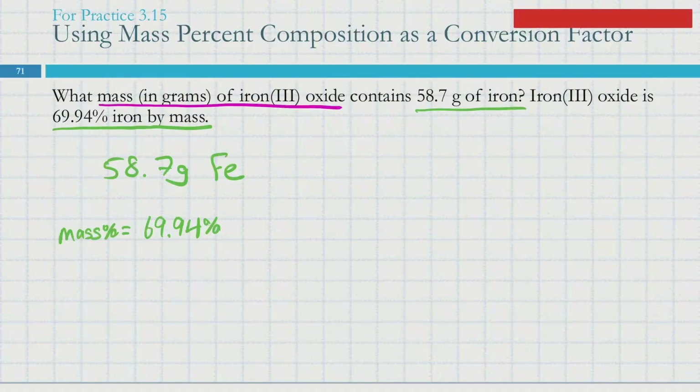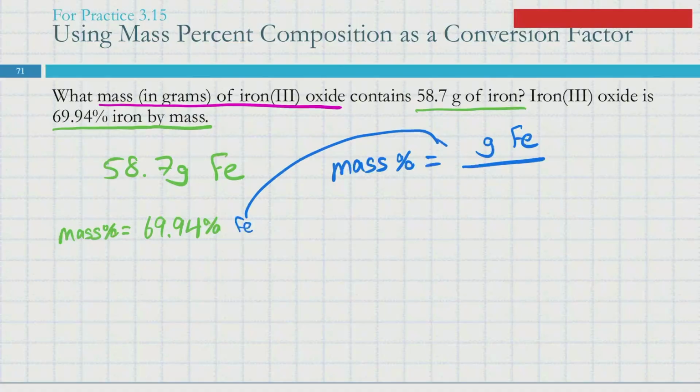So if we do our equation approach, mass percent equals grams of the part. In this case, that's iron, because this is the mass percent of iron. So that's what goes on the top. And then the iron oxide would go on the bottom, and we'd multiply by 100%.